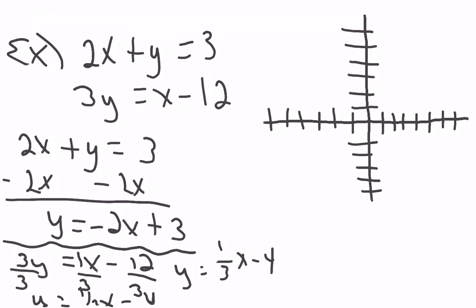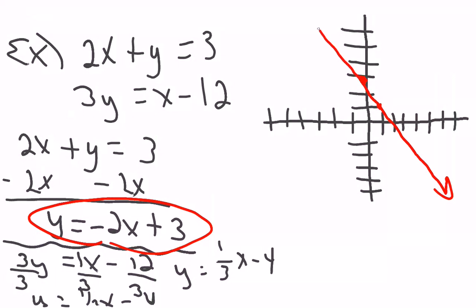Okay, so the first one here, we're going to start at 3. That's our y-intercept. And then go down 2 and over 1. And so there is our line for the first one. And then the second one, we start at -4.